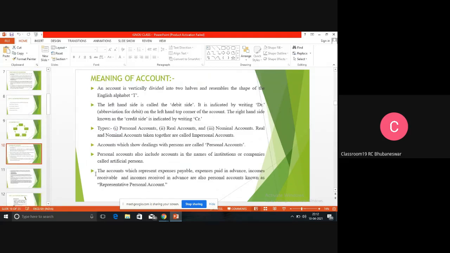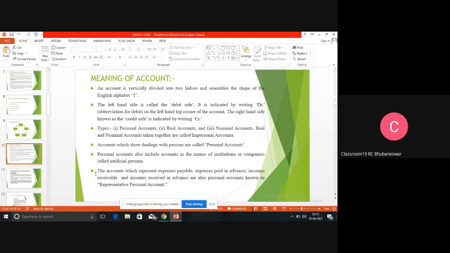The next thing is, what is the meaning of an account? We are posting all the transactions in the ledger. How are we recording them? We are recording through an account. Account basically means the English alphabet T form.